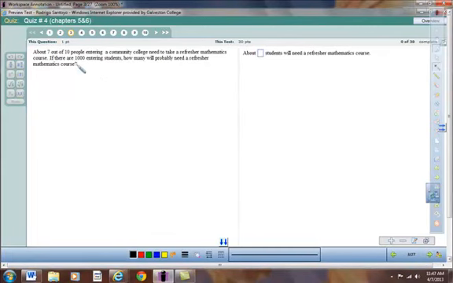Next one, we're going to be doing a proportion here. It says 7 out of 10 people entering community college take a refresher in math. So 7 out of 10 take a refresher in math. Now it says if there's 100 students, how many will need a refresher? Remember here we could just cross multiply, right?